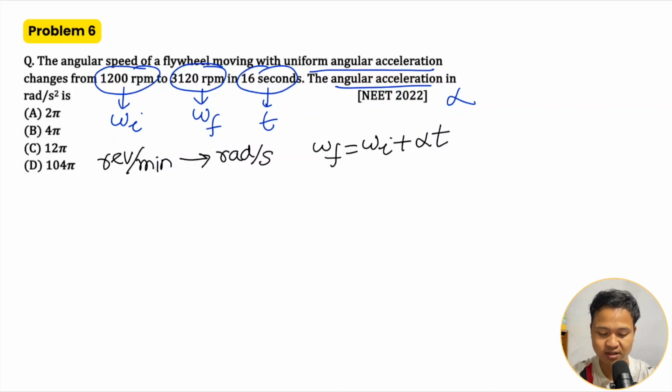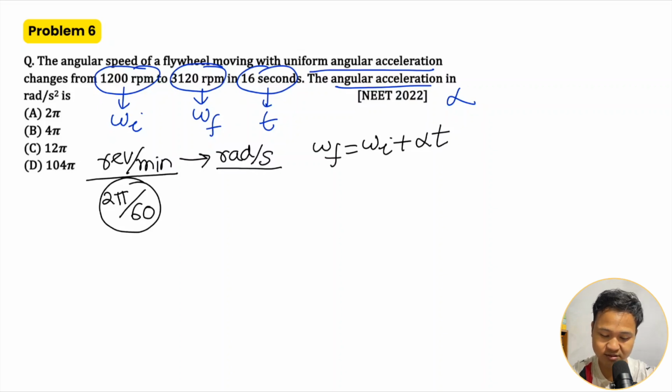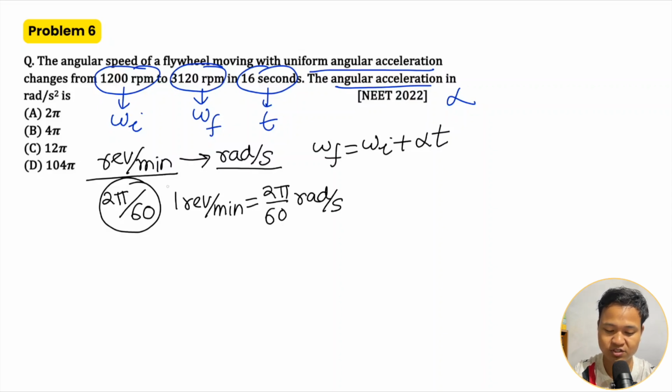One revolution means 360 degrees, which is 2 pi. One minute is 60 seconds. Therefore, to convert revolution per minute into radian per second, multiply by 2 pi by 60. So one revolution per minute equals 2 pi by 60 radian per second.